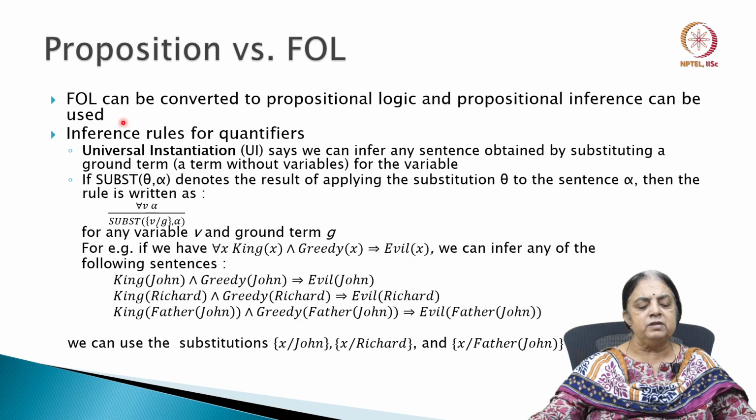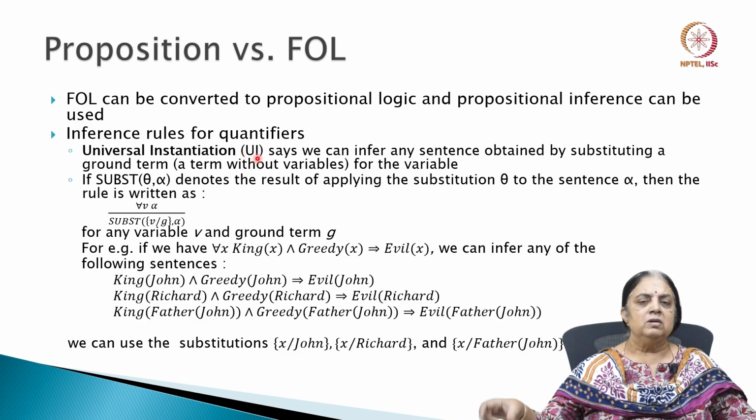So let's say what are the inference rules that we use for quantifiers. First one is universal instantiation. In other words, you have to remove the universal quantifiers. What universal instantiation says is that we can infer any sentence obtained by substituting a ground term for the variable.